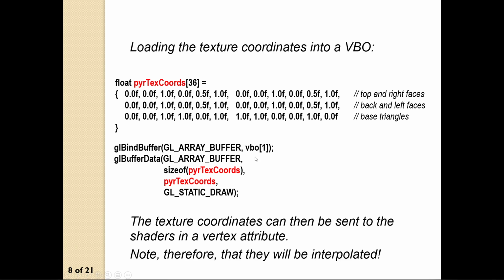We bound the buffer, we told it which buffer object we're talking about here, and we pushed the UV texture coordinate data into that buffer. Then it's sent to the shaders as a vertex attribute, and therefore they will be interpolated. That's the cool thing. We don't have to figure out the coordinate of every particular pixel or texel. It's interpolating in between the ones that we specify for the vertices.